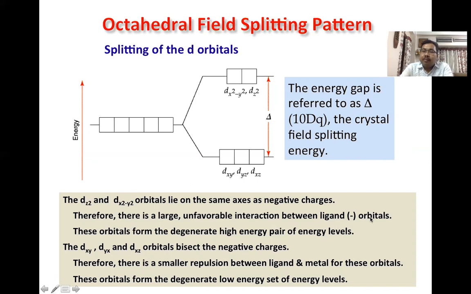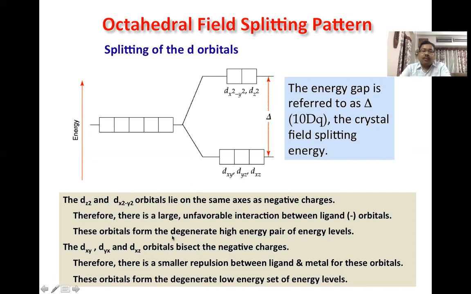Already I have told you that CFT assumes all the ligands as negative point charges. So the ligands are negative and the d orbitals are also negative, so obviously there will be an electrostatic repulsion between these two species.